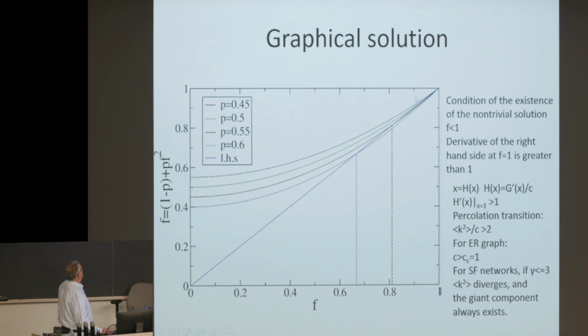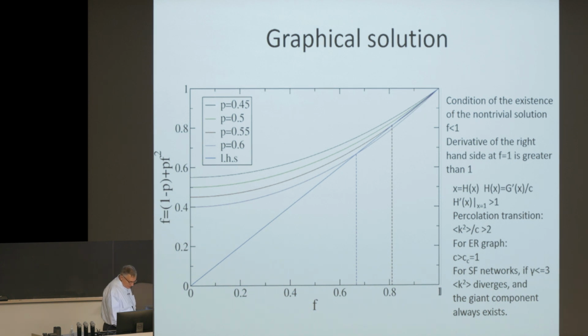Of course, when you differentiate it here, it becomes p f times 2. So it means that p should be greater than 1/2 in order to have a giant component. So percolation here exists at p equal to 1/2. Above p equal to 1/2, the giant component exists.